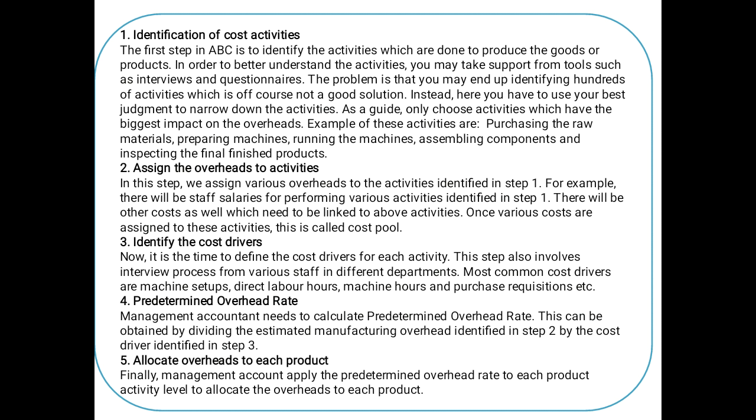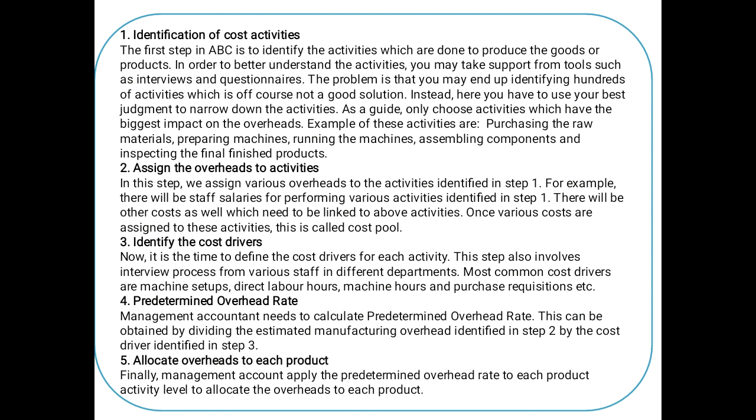According to that, the second step is that we identify the cost or overheads of those activities and assign them. For example, there will be staff salaries for performing the various activities identified in step one. There will be other costs as well which need to be linked to the above activities.